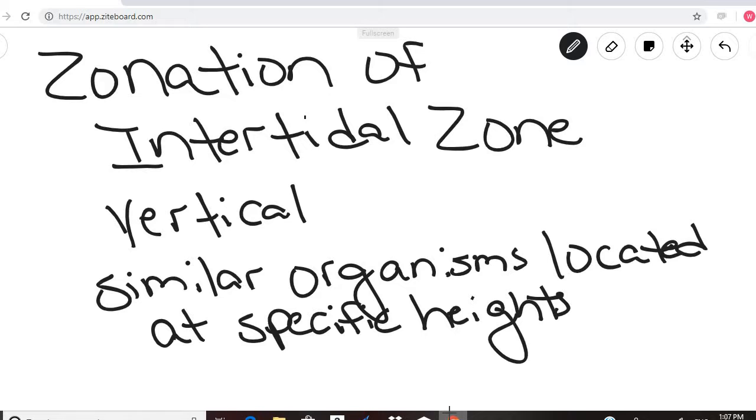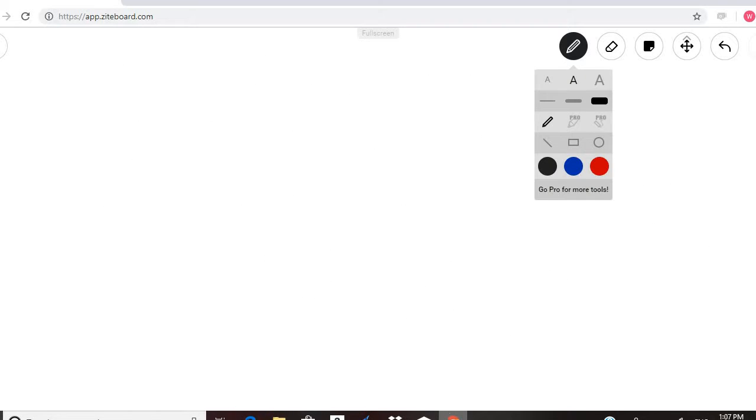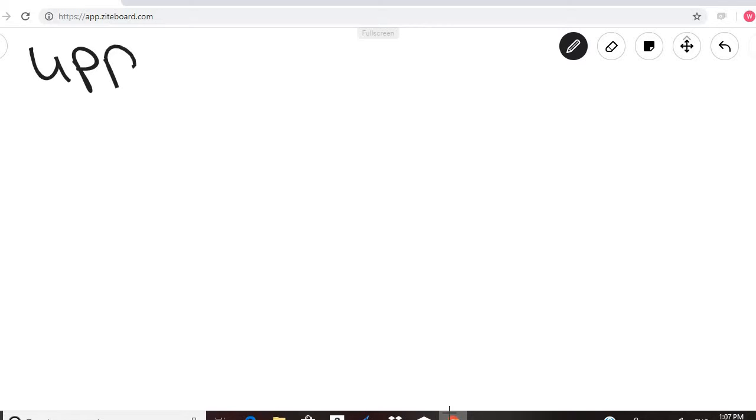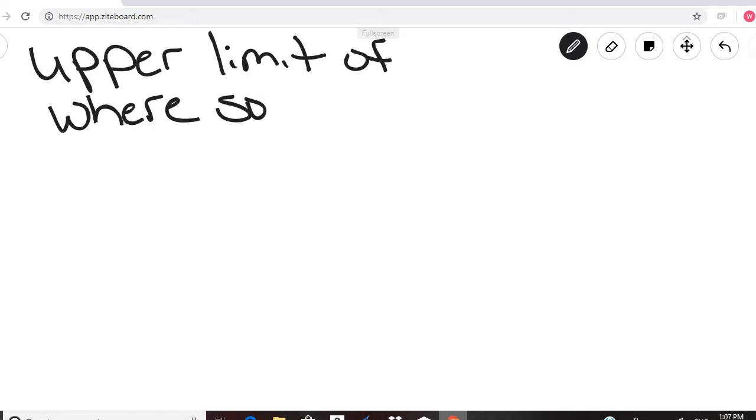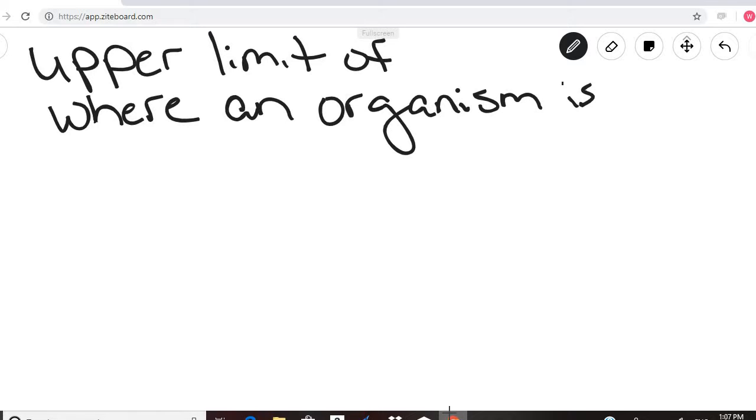So how do we explain this phenomenon? Well, marine biologists think that the upper limit of where an organism can live is determined by abiotic factors.